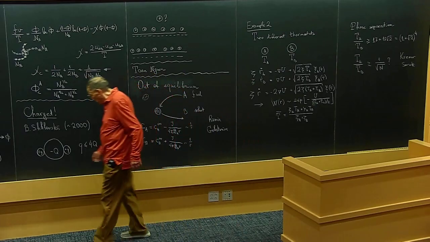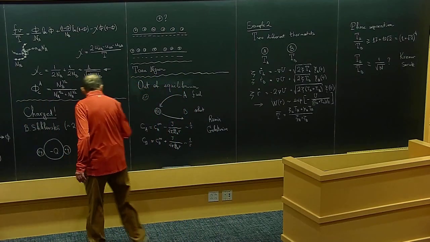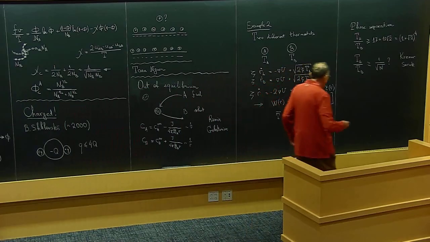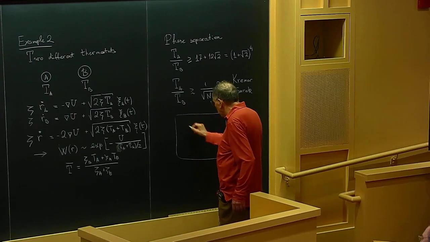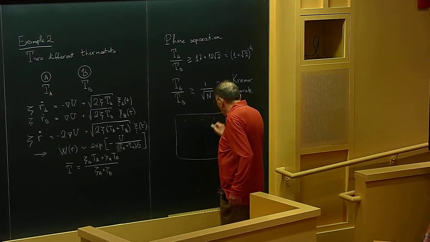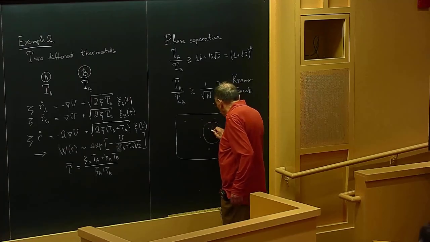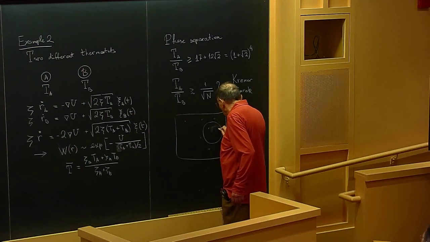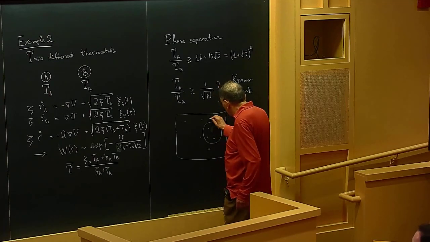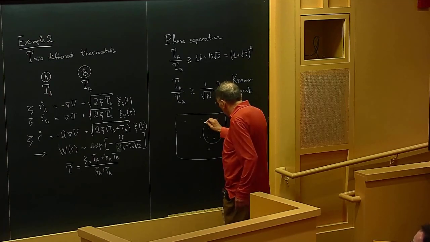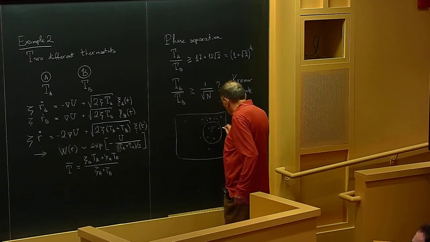One way to think about it is to imagine that you have this system of very hot particles and very cold particles. Cold particles will be outside, and you form a bubble with very hot particles. The idea would be that in order for pressures to be the same, cold particles have to have much higher density than hot particles.